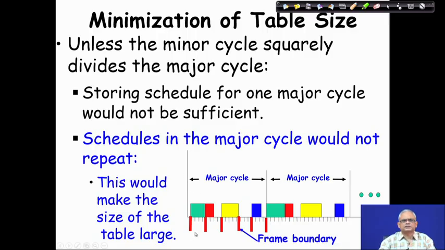So, as the frame interrupts come, the scheduler just takes up the task by consulting the table. So, first frame it took up the green task, the second frame the red task, third frame yellow task, and so on. And after the major cycle, the same sequence repeats.